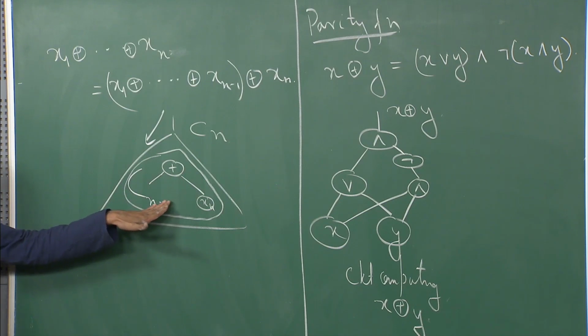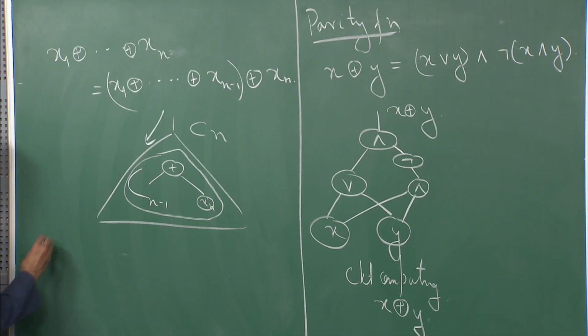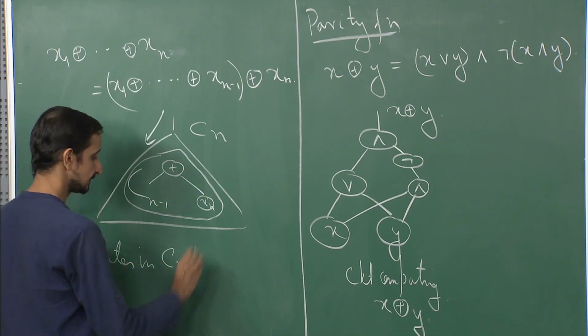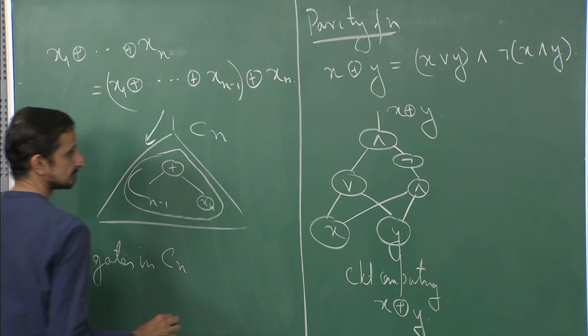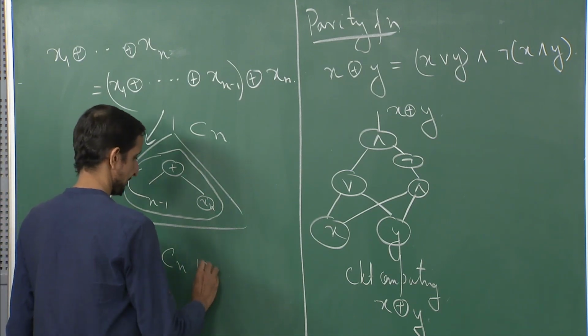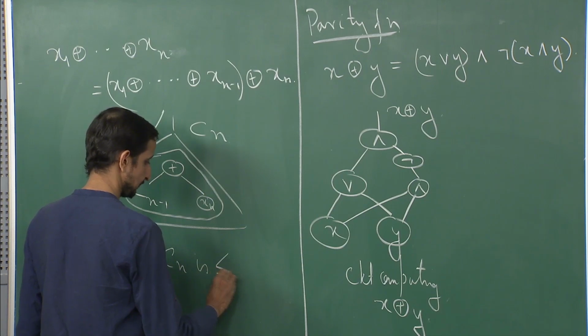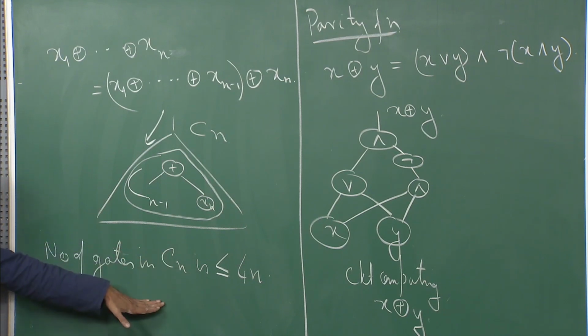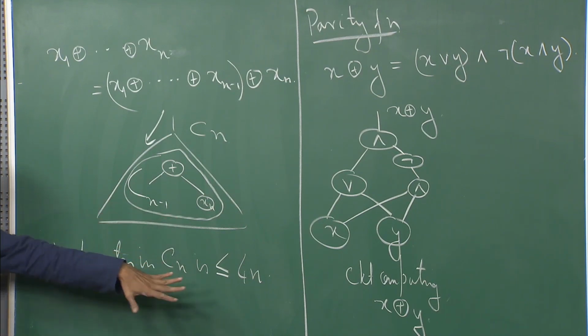Now this is a circuit which has only a constant number of gates. I haven't defined size yet, but the number of gates in Cn is at most, one can show, 4n. Again, one can show by induction that for n minus 1 it is 4n minus 1.